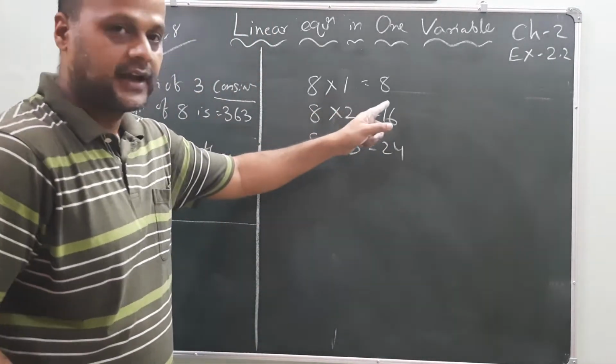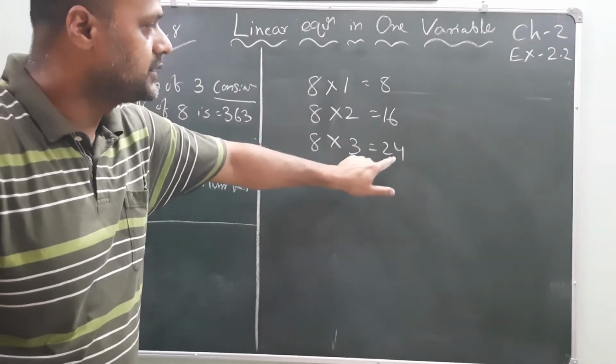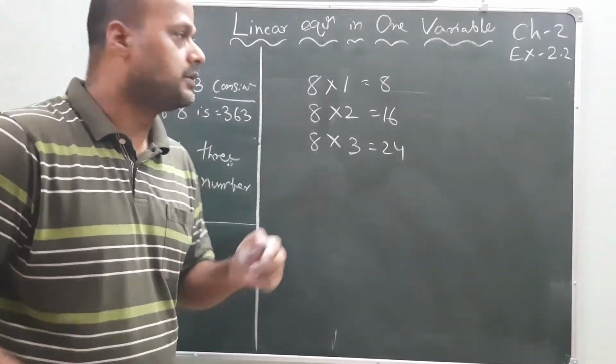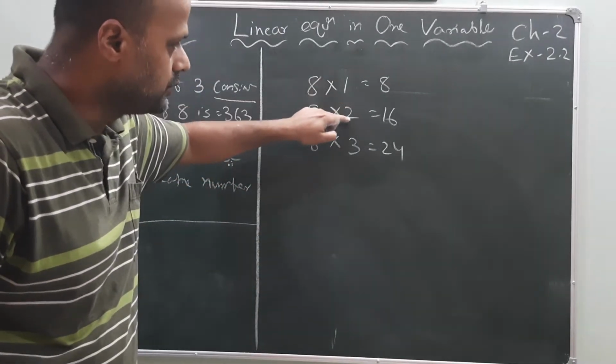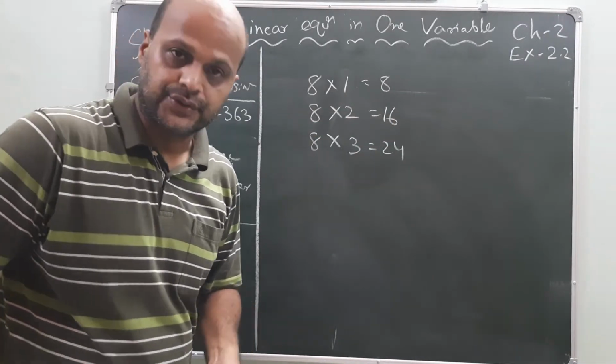So the consecutive multiples of 8 are 8, 16, 24. This is the meaning of consecutive multiples.